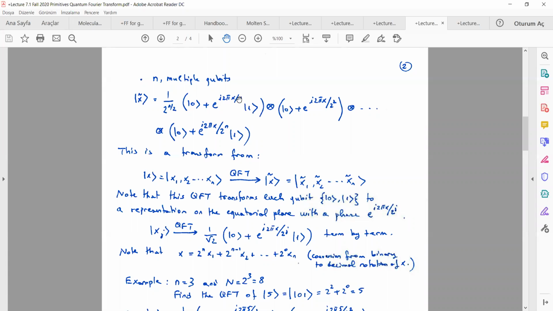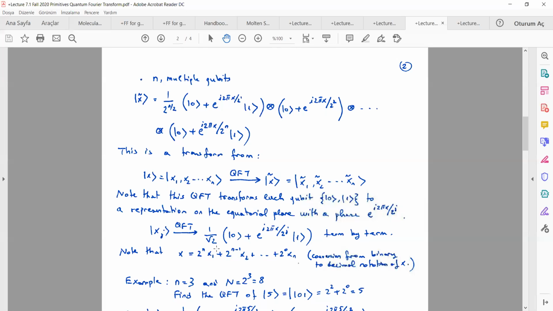So we note that all of these components that we tensor product are on the equatorial plane. Each one of these x1, x2, x sub n in the computational basis is either ket 0 or ket 1. All of them are transformed to quantum states in the equatorial plane with a phase angle of e to the 2 pi x over 2 to the j.